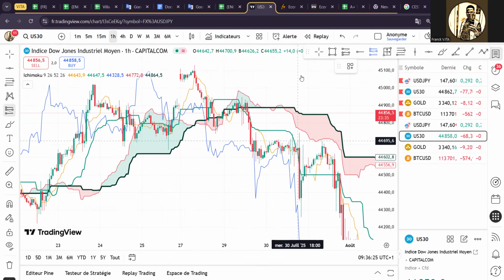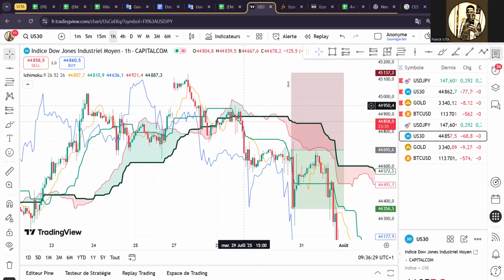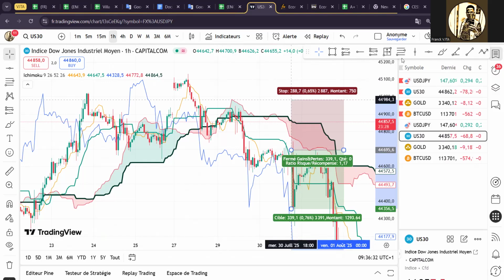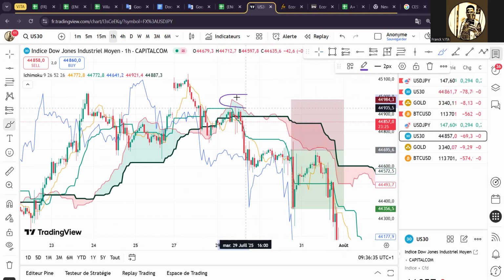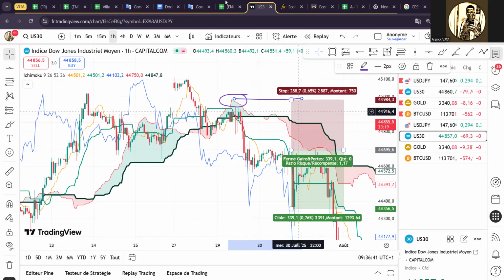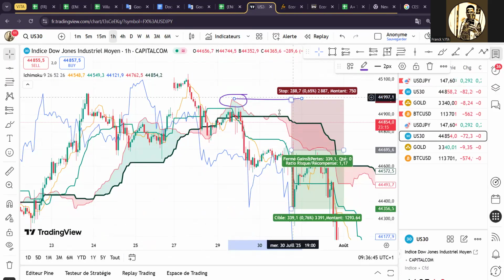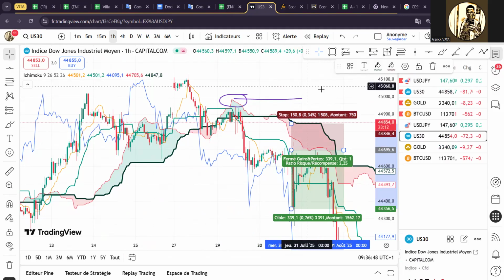If I sell this setup, rather than taking the V stop far above here, I would prefer to take this SSA mountain as a stop loss. Okay. So we have the Tenkan cross point. You can also take the Tenkan cross point here, but with this Tenkan cross point, sometimes the price comes to that. It can be very tricky.